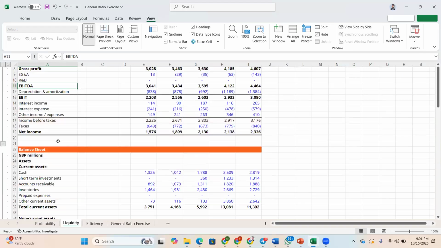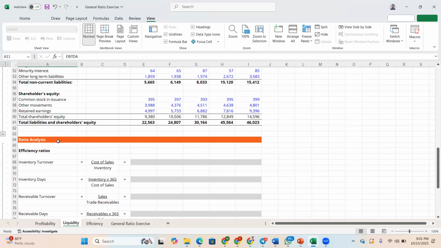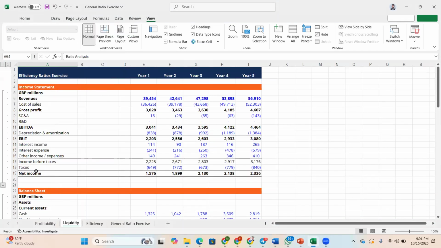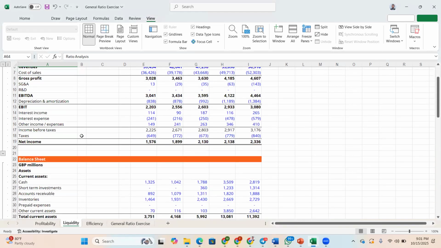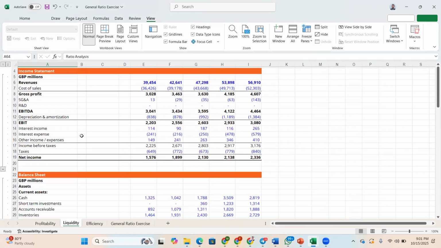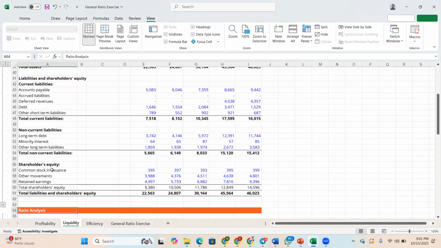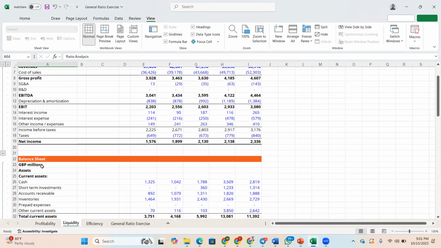We have balance sheets here, so let's quickly calculate some of the ratios.